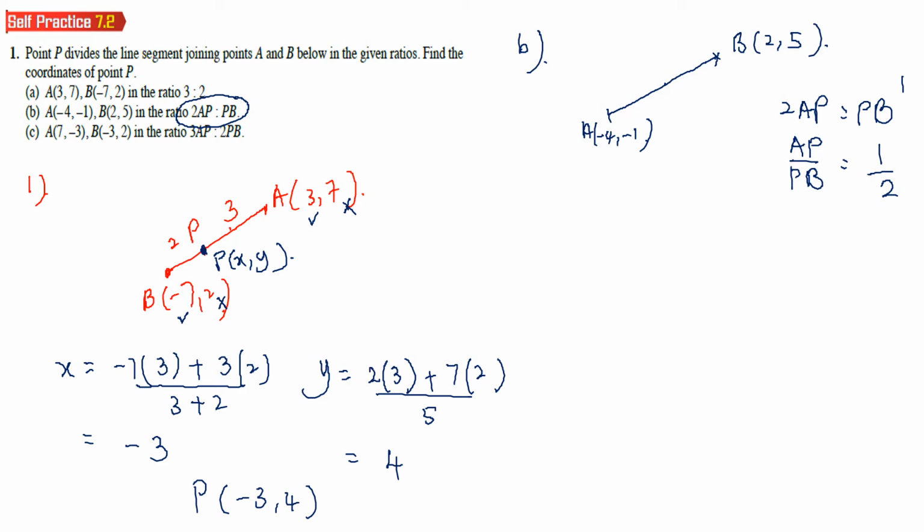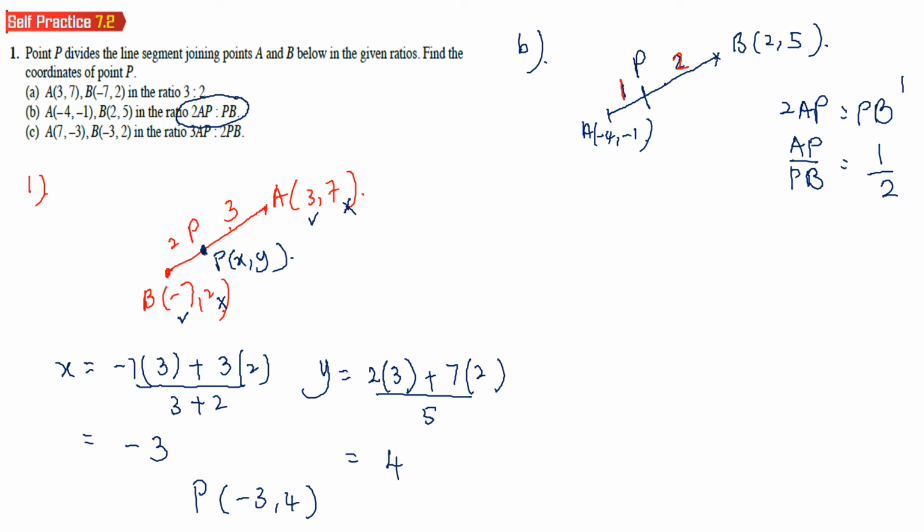So AP actually is 1 portion and PB is 2 portions. So P is closer to A, because this is 1 and this is 2. So our M is 1 and our N will be 2.